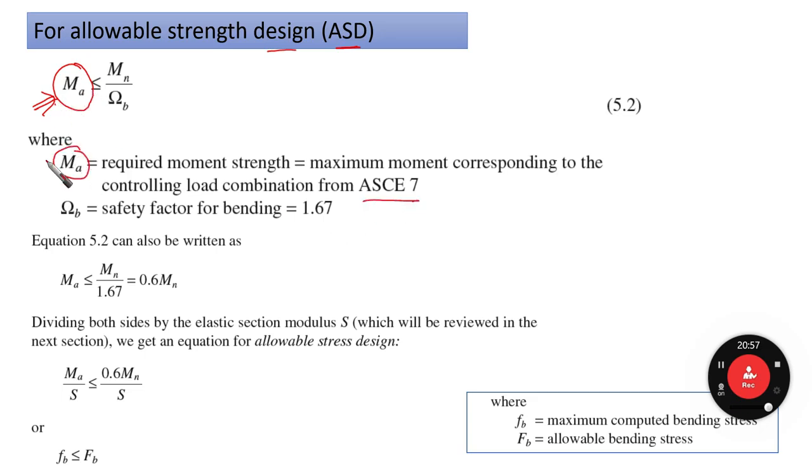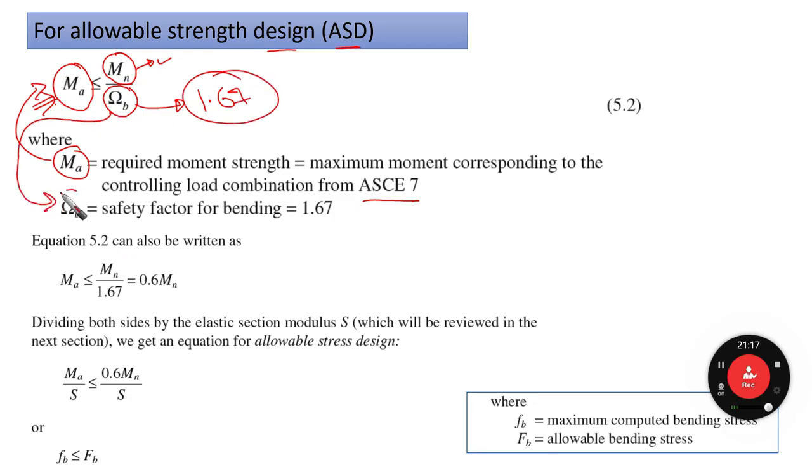The right hand side is the nominal moment strength, which we explained in the previous slide, divided by a safety factor for bending. For bending, the safety factor is going to be 1.67.